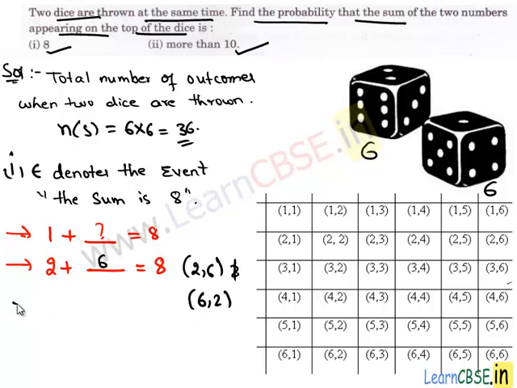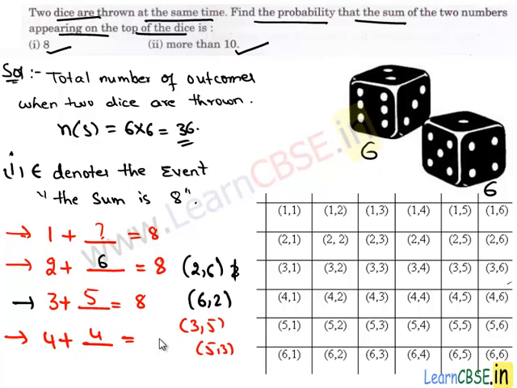Then we move to the next number, which is 3. And here we ask ourselves, is there a number whose sum with 3 is 8? Then we have the number 5, and the sum of 3 and 5 is 8. Then our outcomes (3, 5) and (5, 3) are our required outcomes. Then we move to the next number 4, and there is a number 4 whose sum with 4 is 8.